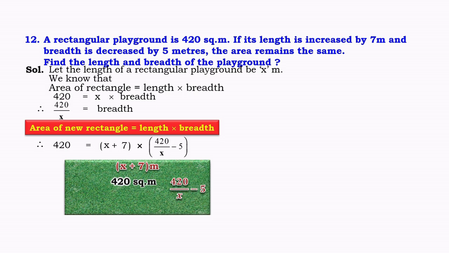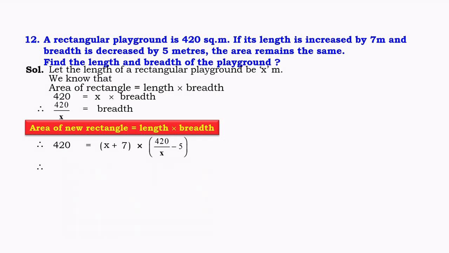Now let us simplify this equation. Multiplying the terms, 420 equals x multiplied by 420 divided by x minus 5x plus 7 multiplied by 420 divided by x minus 35.